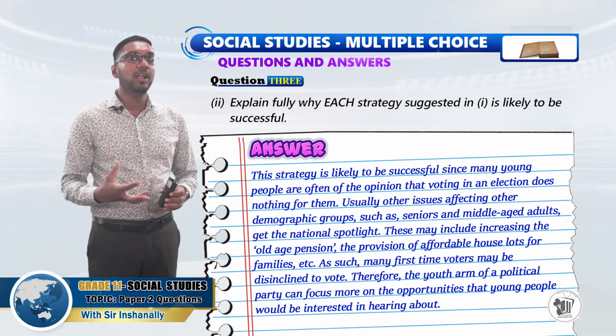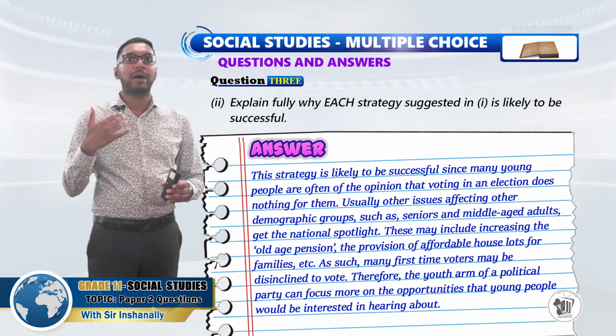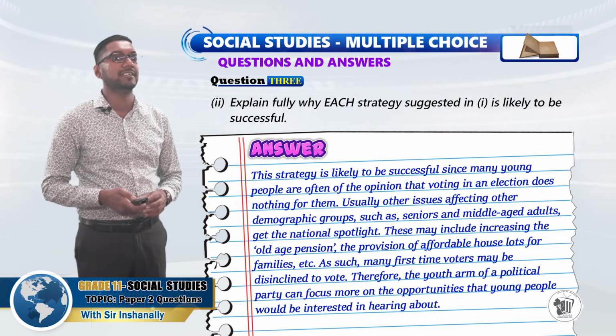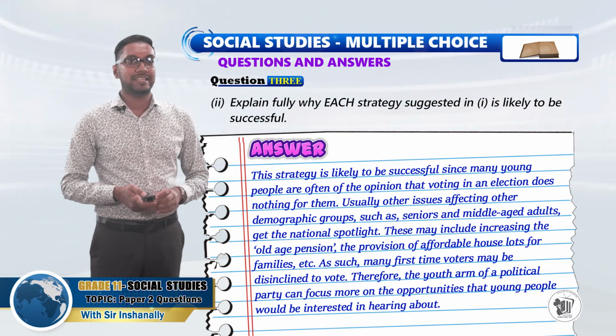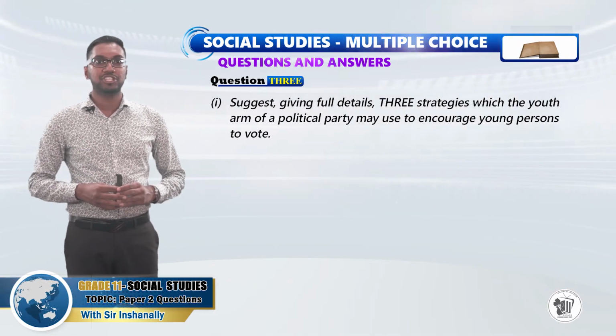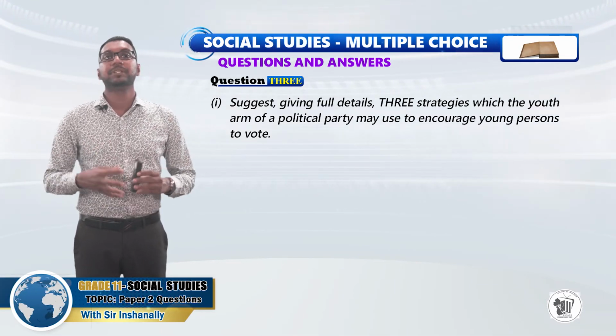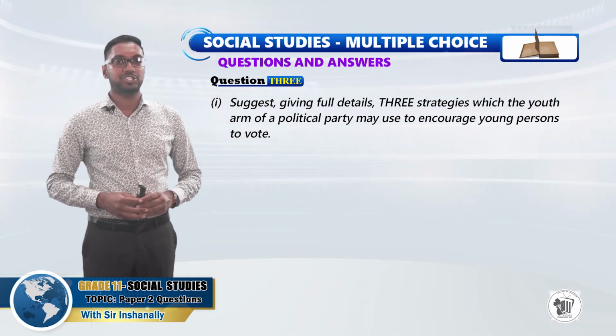We have to ensure that we provide sufficient details so that we get the maximum marks allocated for such a question. Now let us think of another strategy that the youth arm of a political party can implement. Second strategy.